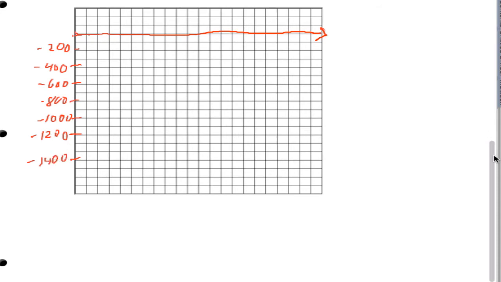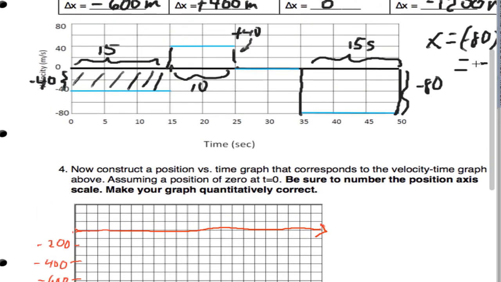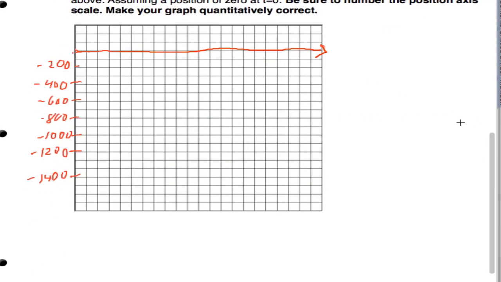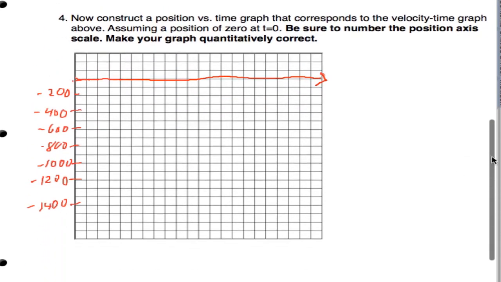Anybody who thought you needed to put negative 40 on this axis, that's the velocity. It is not the position, so be careful. And I'm going all the way to 50 seconds.